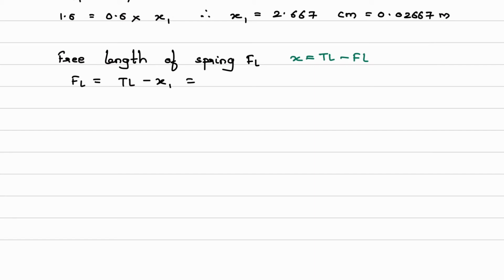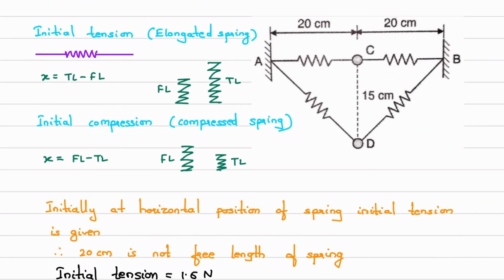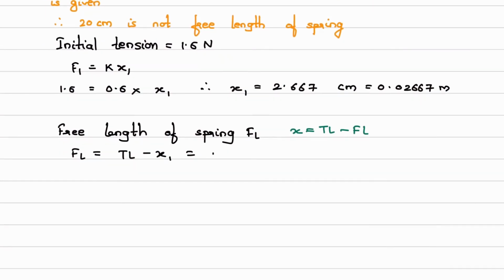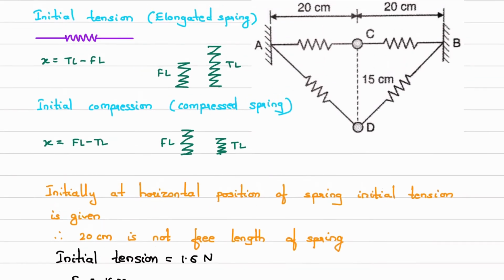The total length, the elongated length, is given in the question, 20 centimeter, minus deformation x1, 2.667 centimeter. So from here I can calculate the free length of the spring, which is 17.333 centimeter, equal to 0.1733 meter. Now this is about the first part of the question.